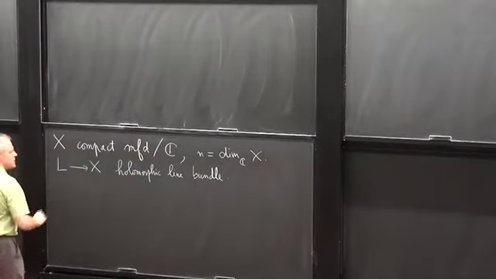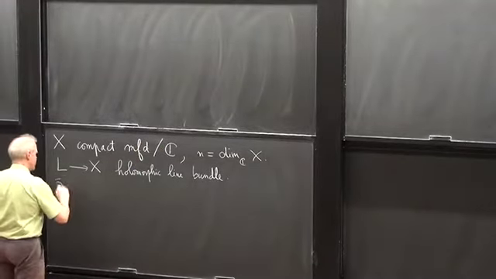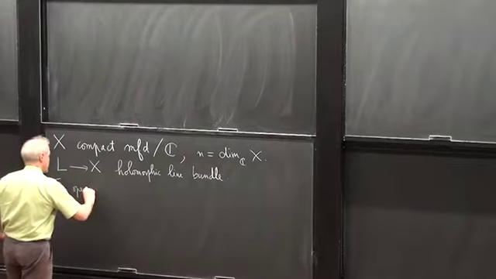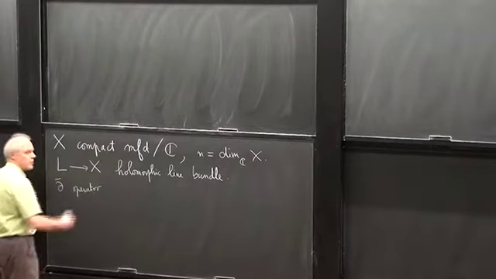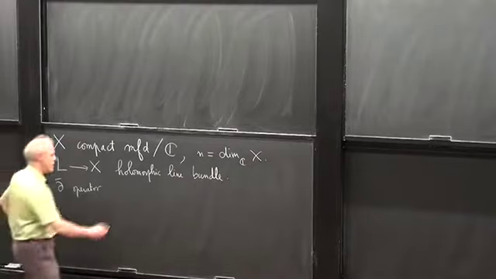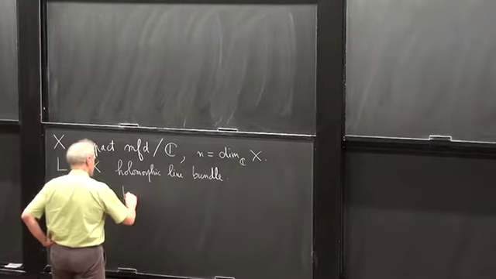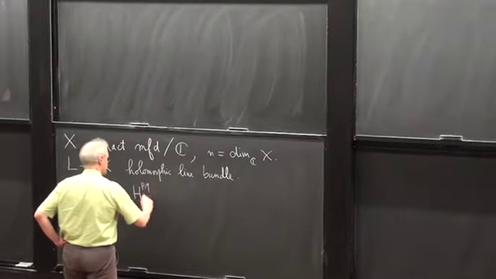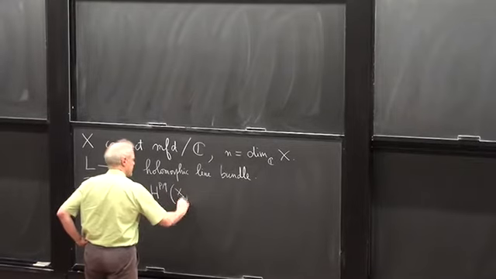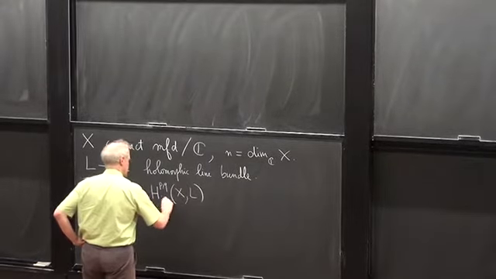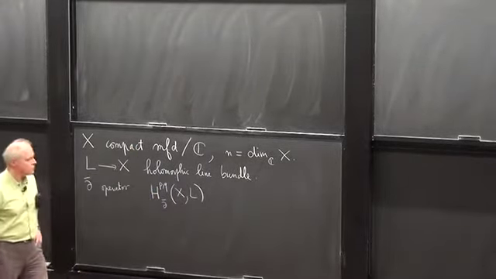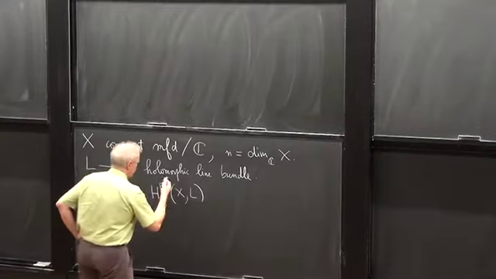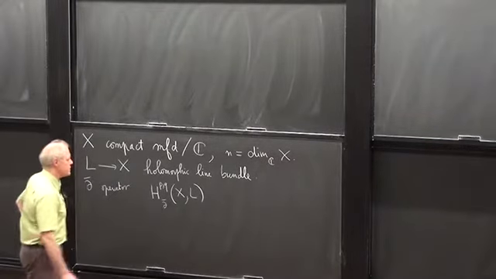Then, of course, you have a d-bar operator, and you can use the d-bar operator to compute cohomology. So you look, for instance, at (p,q)-forms, and you consider H^{p,q}(X, L), the (p,q) d-bar cohomology group. It's enough to consider p equal to 0, actually.